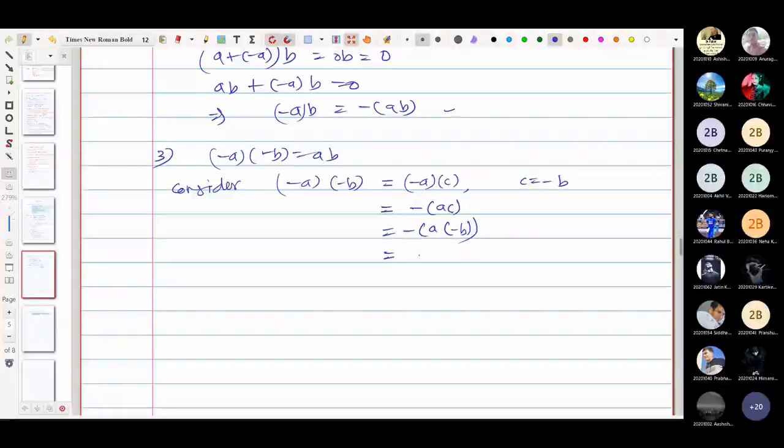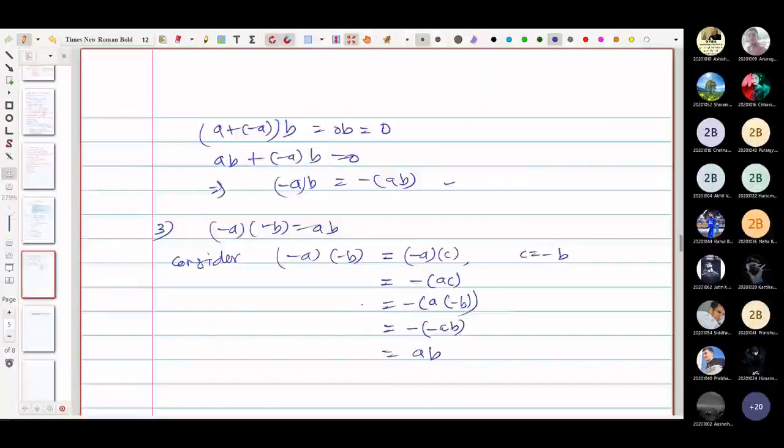But from the second part, we have negative of ab, and then negative of negative, and this is going to be ab. Next, we have the fourth part.